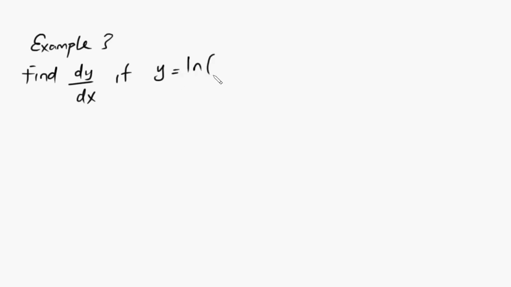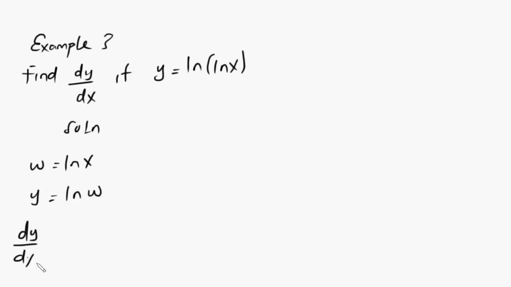Example 3 says find dy/dx if y is equal to ln of ln x. So again, I'm going to let w equal ln x. This simply means that y is equal to ln w. So I'm going to find dy/dx from the chain rule.